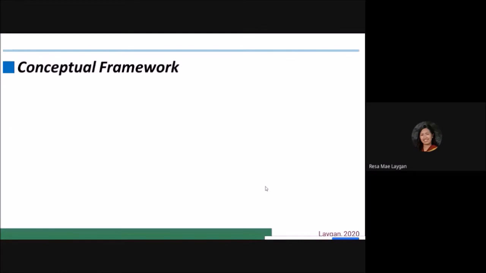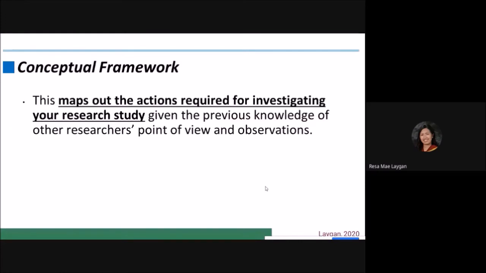So now let's proceed with the conceptual framework. When we say conceptual framework, this maps out the actions required for investigating a research study, given the previous knowledge of other researchers' points of view and observations.